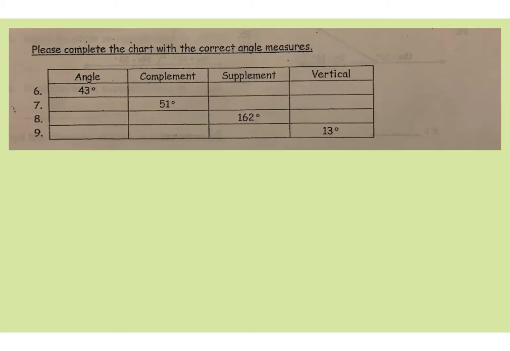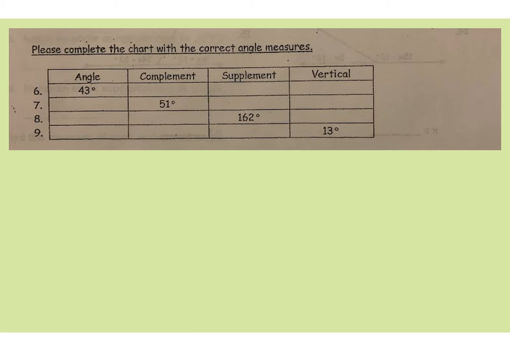All right, let's go to the box. We are going to complete the chart with the correct angle measures. I'll help you through a couple. The first one that we're going to see about working these. All right, the first one, you're given a 43-degree angle.